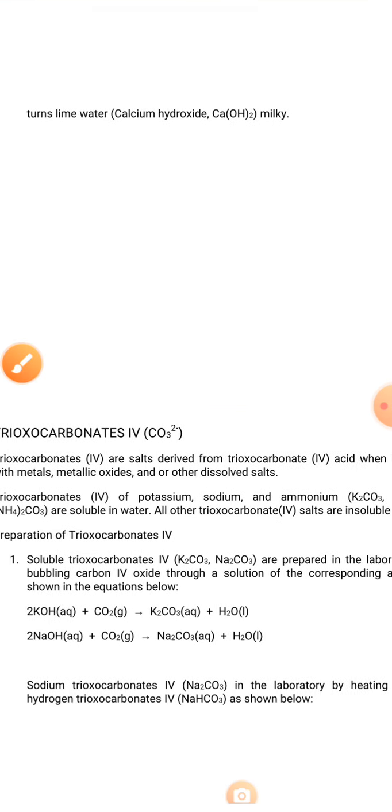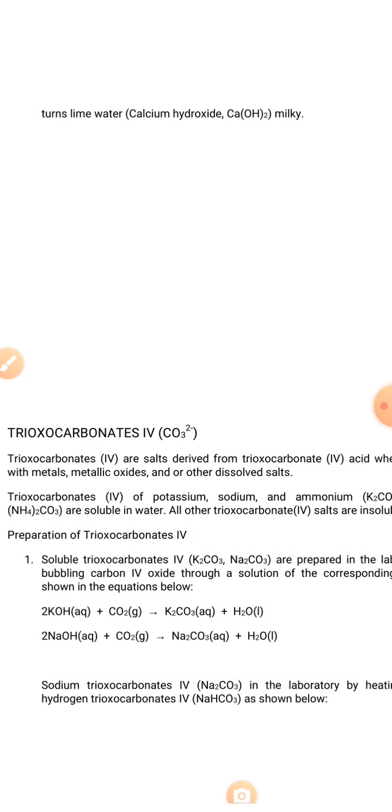The preparation of trioxocarbonate(IV). Now, you need to pay attention here so that you can have a better and clearer understanding. There are two things you need to consider when you want to prepare trioxocarbonate(IV): solubility in water and stability.